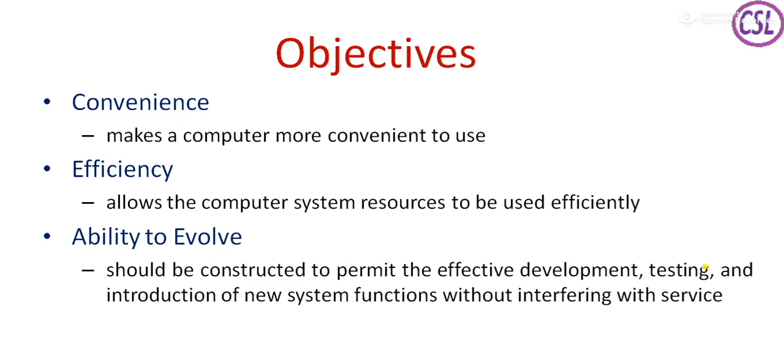After some time, after a few months, I try to add some new functionalities to the existing operating system. So my current operating system should support that. That means if I add any new functionality, this functionality cannot disturb the existing things. That is called ability to evolve. Then only we can add new features to the existing operating systems.